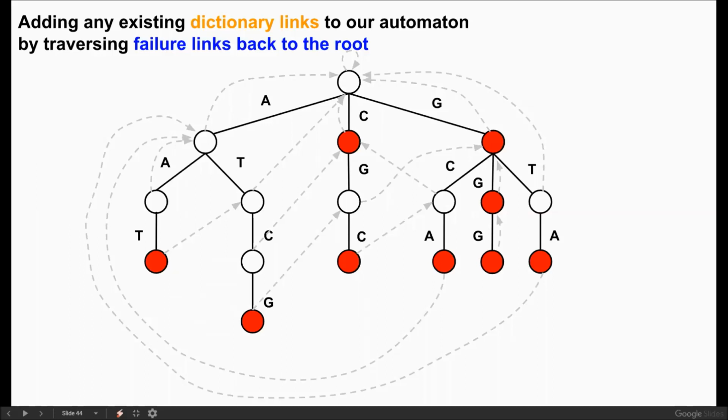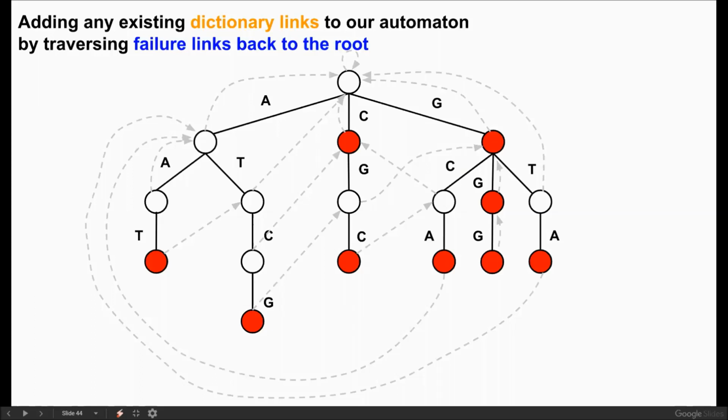The only reason that I've made them gray is because going forward, we're going to traverse the automaton and assess each node. And when we start drawing dictionary links and looking at paths of failure links, it might get a little bit confusing.